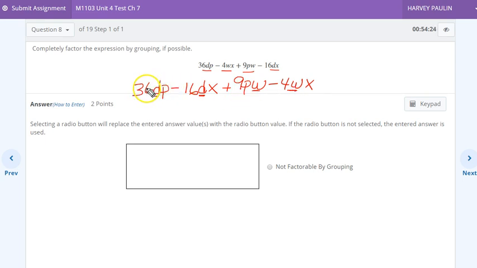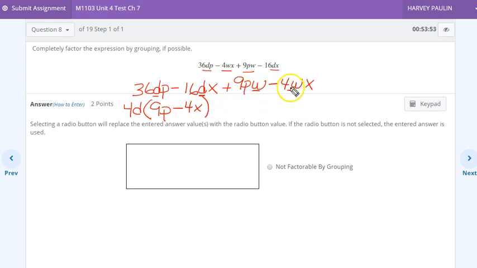And then now what can I take out of these? Well, I can take a 4 out of a 36 and a 16, a 4D, and then this leaves me with 9p minus 4x.